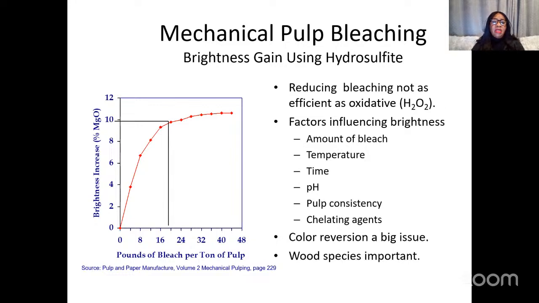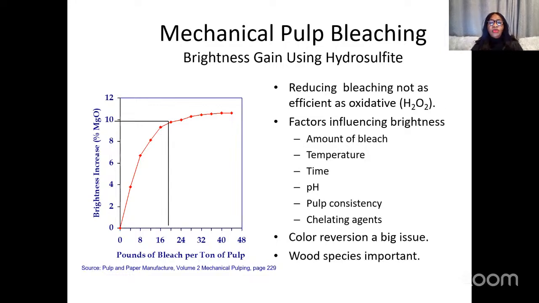So you can see this chart here, plotting brightness against the amount of bleach used. Remember the brightness, we said it's measured in percentage ISO. So this is what happens. The brightness keeps on increasing with time and with the amount of the bleaching agent used, but it gets to a particular amount of the bleaching reagent that no matter how much you add, it will not bleach again.